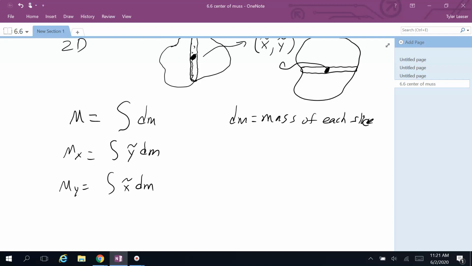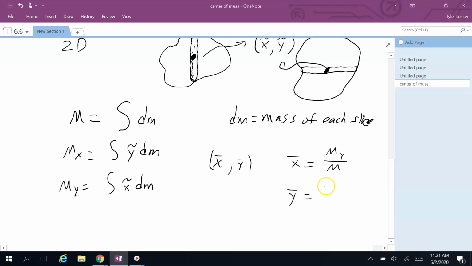But once you have those 3 integrals done, then you can find the center of mass. So the center of mass of my system is going to be a point now, (x bar, y bar), where we get x bar by taking the moment about the y-axis and dividing that by the total mass. And we find y bar by taking the moment about the x-axis and dividing by the total mass.